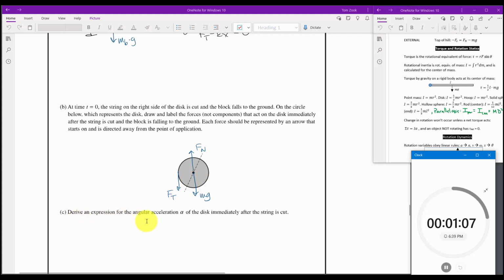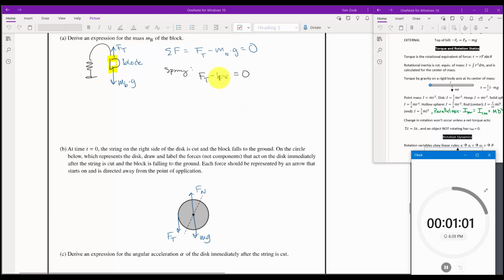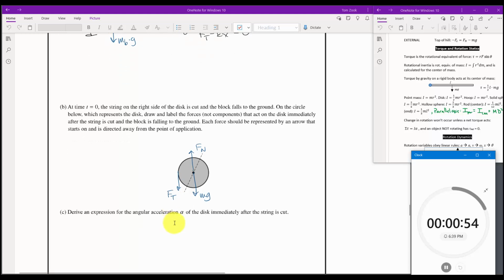Derive an expression for the angular acceleration of the disk immediately after the string is cut. So we've already got this equation up here for what's happening on this side. But they want angular acceleration. And when I think angular acceleration, I think net torque equals I times alpha. They're looking for this, so we'd have to have something for torque.